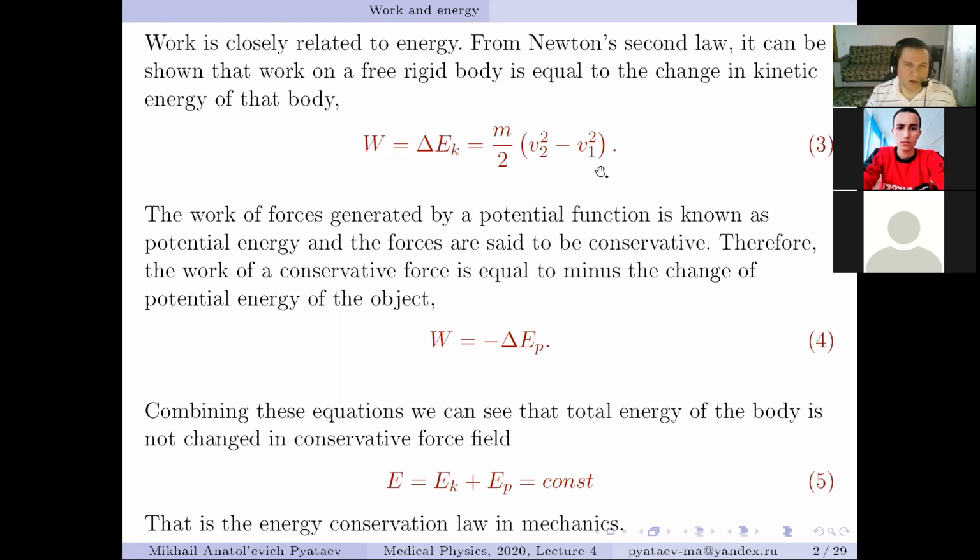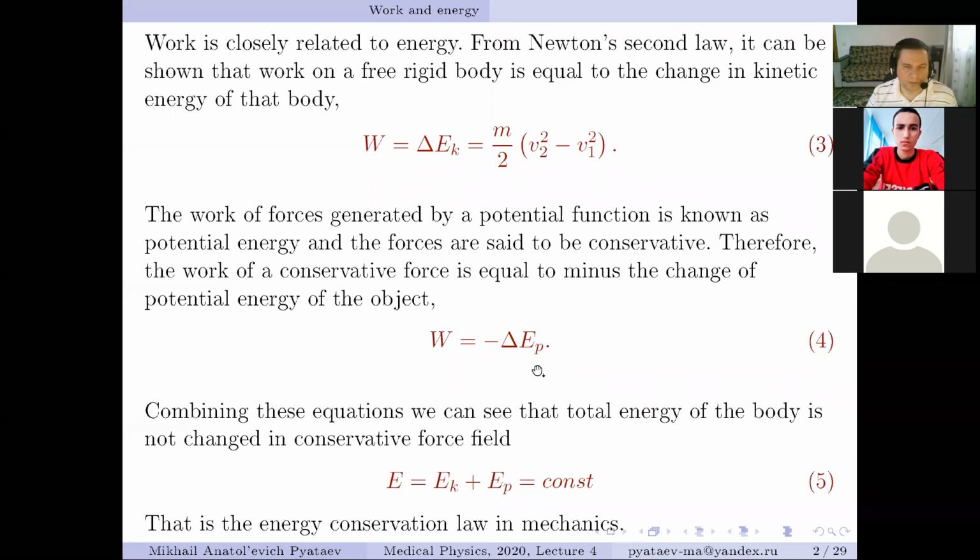Well, this is an equation which is general, which can be applied to any kind of force, but there is a class of forces which are called conservative, which can be represented as a change of some function of spatial coordinates of the particle, of the rigid body, for example.